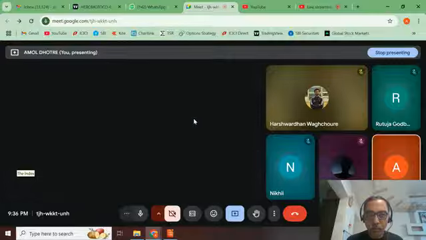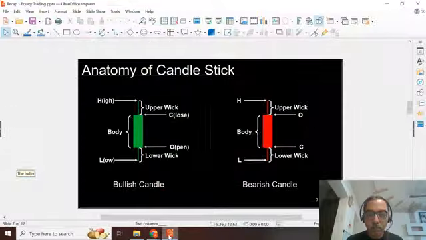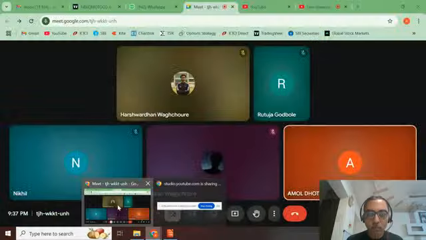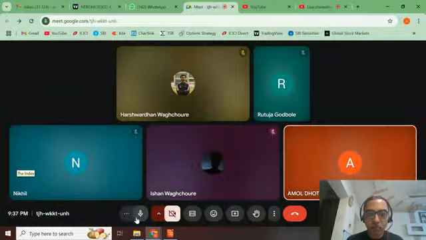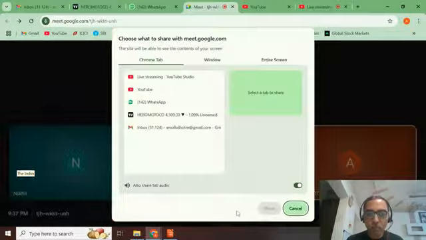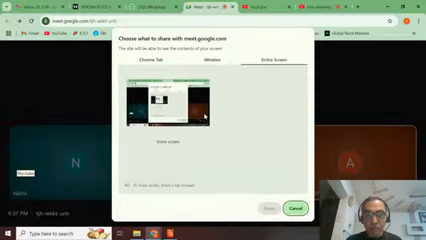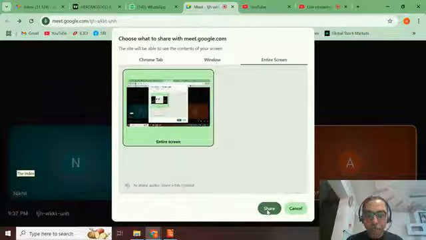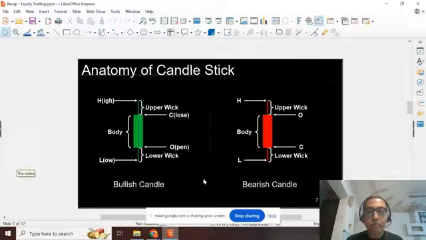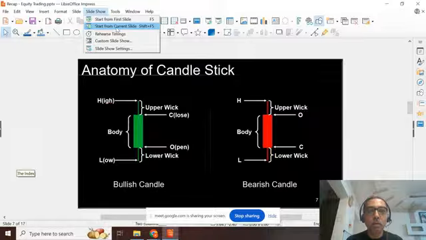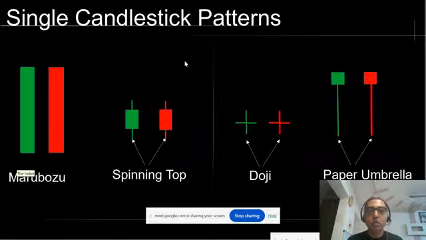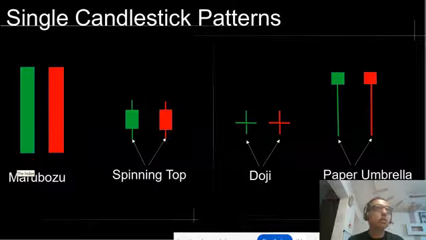Stop presenting. If I share entire screen, share slide. Okay, I have now changed the share settings.